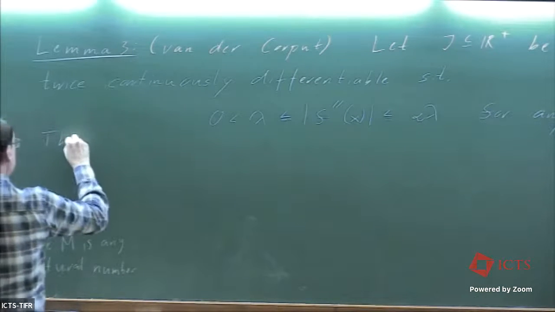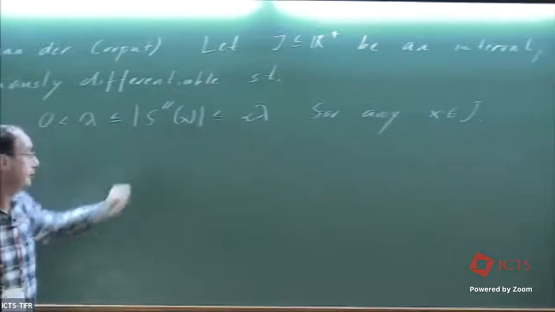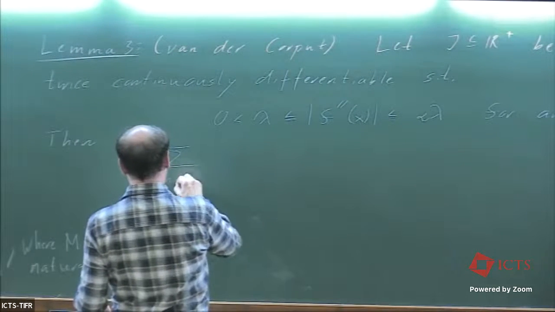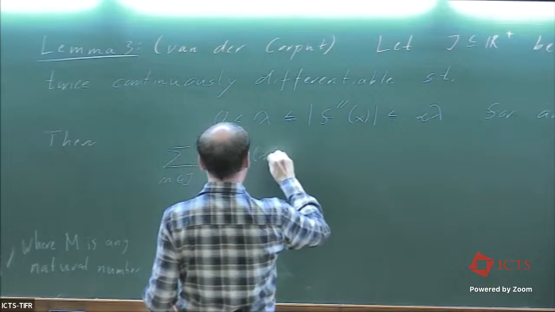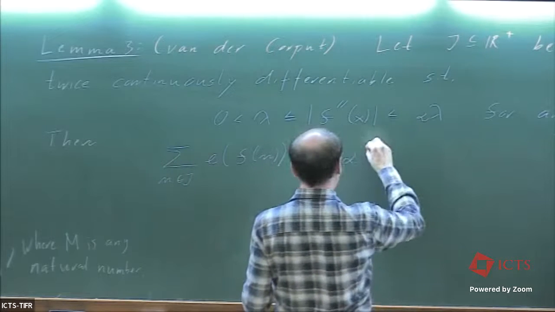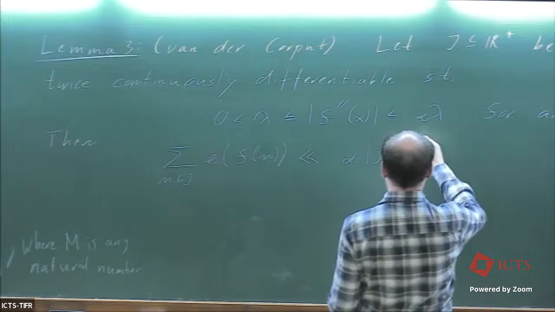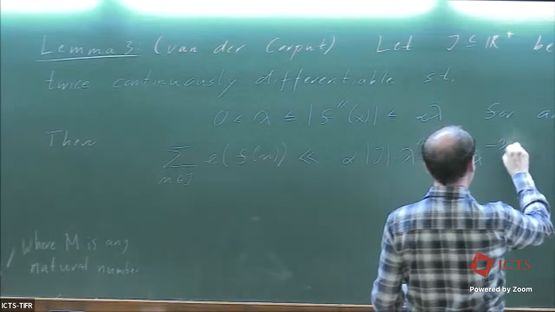So then we can obtain a bound for the exponential sum with that amplitude function: the sum over n in I of e(f(n)) is bounded by alpha times the length of the interval times lambda to the 1/2, plus lambda to the minus 1/2.